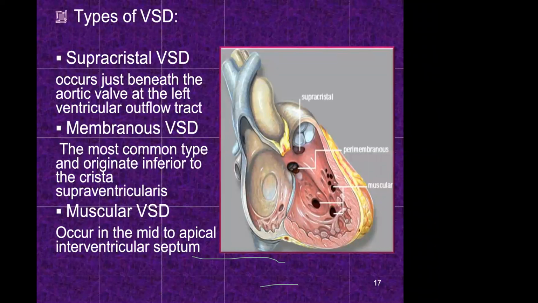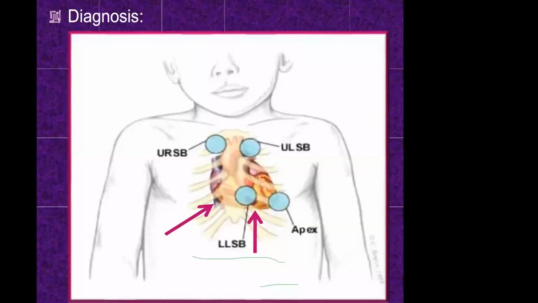So how do you diagnose? The patient comes to you, and as I said, I'll try to give you memory clues always of the VSD. So you have a phonocardiogram. What type of murmur will you hear?